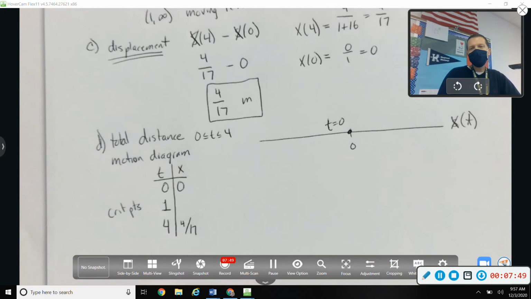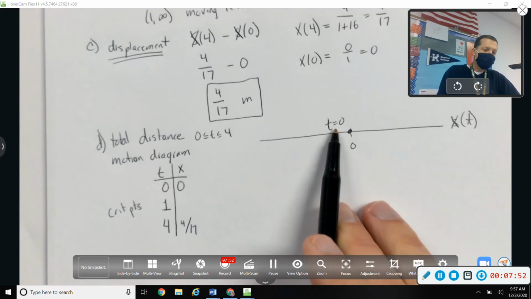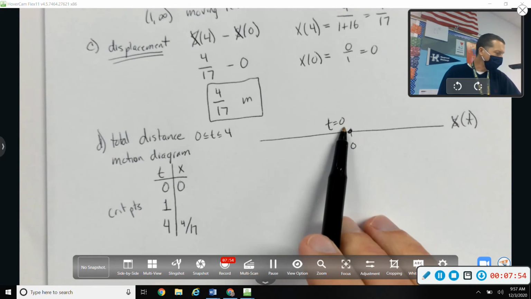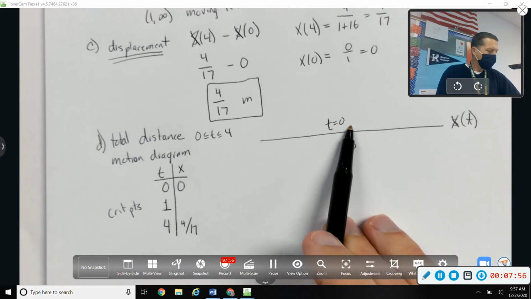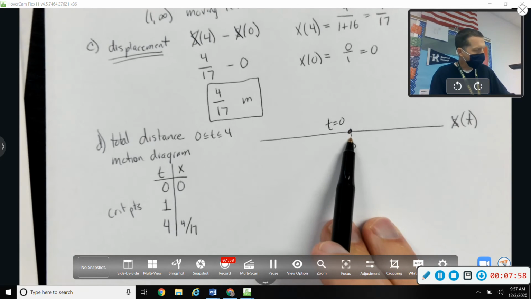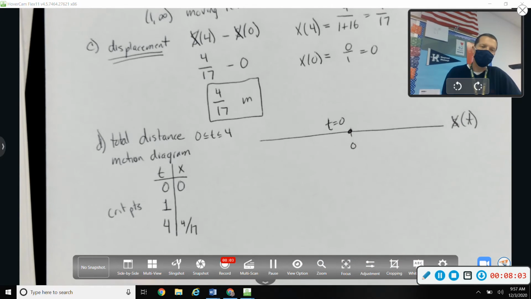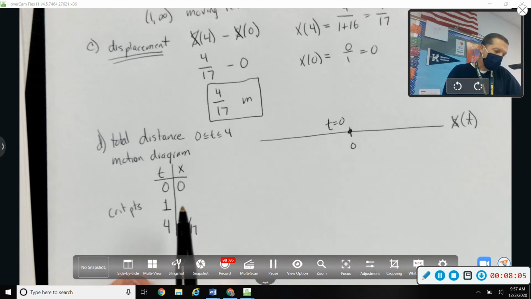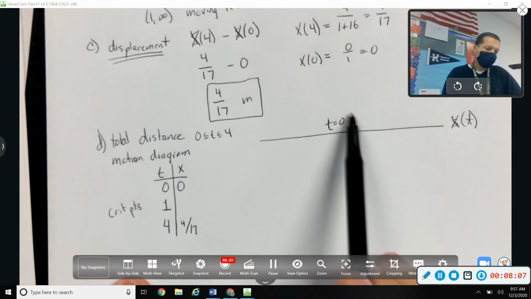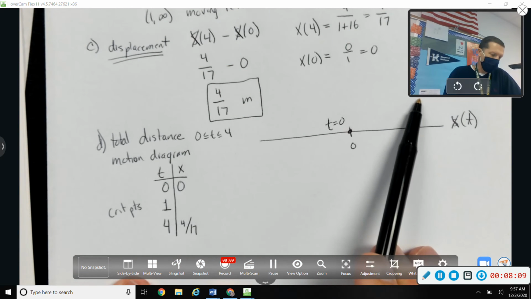So when t equals 0, we're at x equals 0. That's not always the case, so be careful about that. I think we'll do one later where it's not the case. I know that I move right for a second, so at t equals 1, I should be over here somewhere.